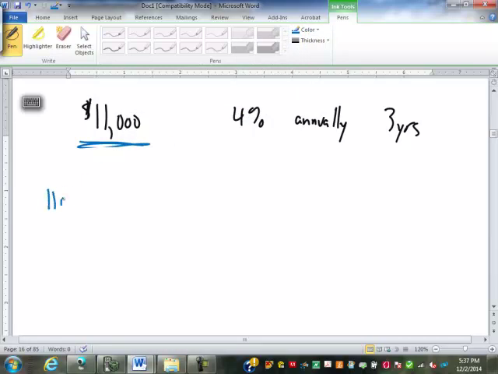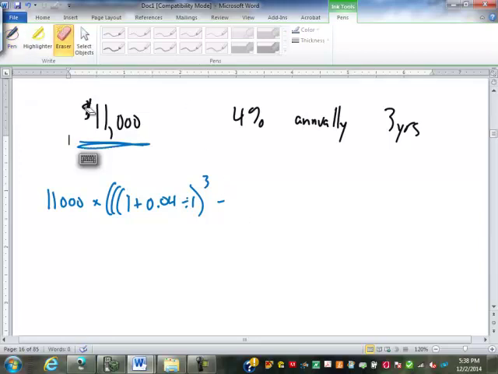So we're going to have the 11,000 times, open parentheses, open parentheses, 1 plus 0.04 divided by 1, because it's once a year. 3 years, once a year is 3 periods, so the power of 3 minus 1, close parentheses, divided by 0.04 divided by 1.